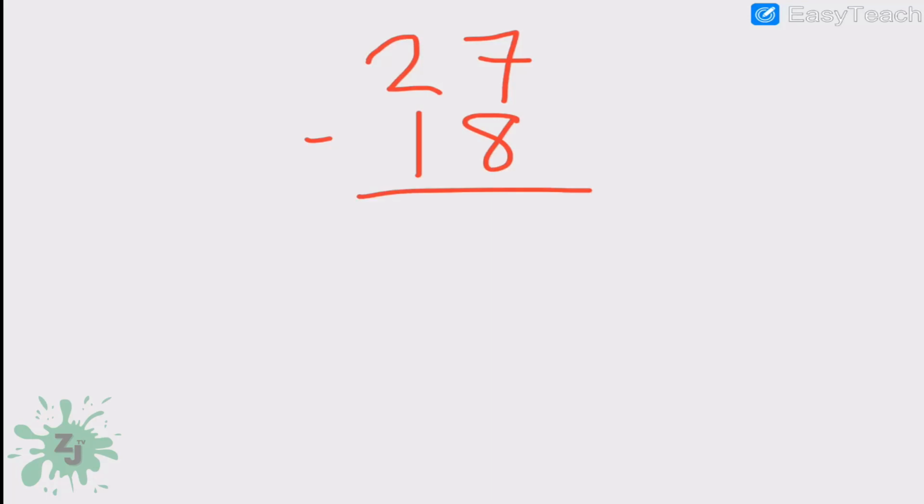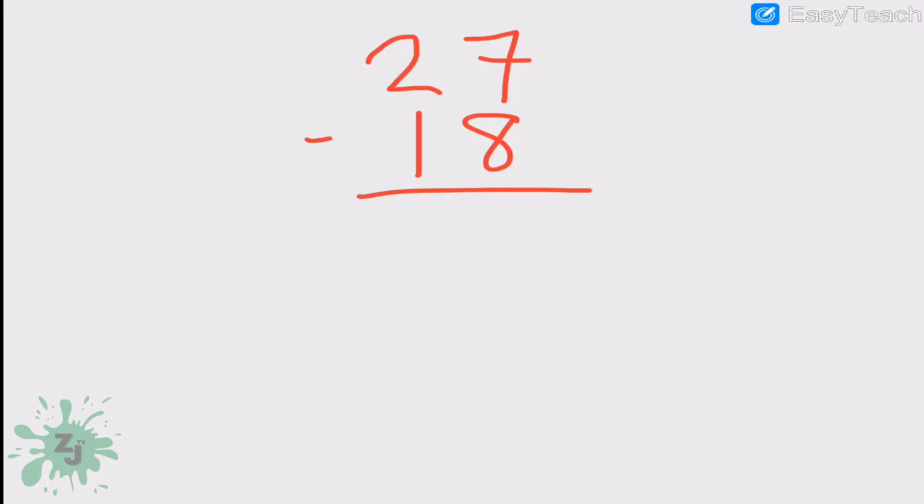Next example is 27 minus 18. To solve this one, we do what we usually do in the previous examples, column by column. So at the ones place, 7 minus 8, but as you can see, the number on top of 8, which is 7, is much smaller than 8.